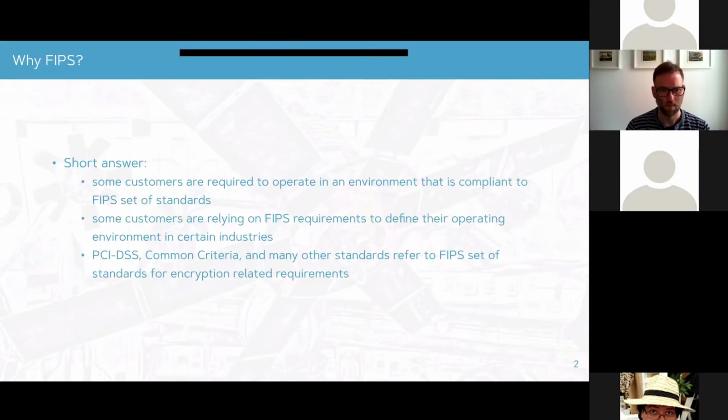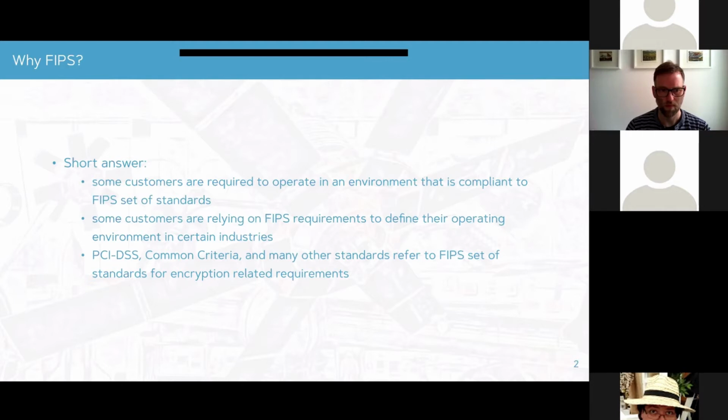So the first thing is why FIPS. The short answer is that there are plenty of customers for many companies that actually are required to operate in environments where regulatory compliance to the FIPS set of standards is required. FIPS is a federal set of instructions and standards for processing information in the United States.